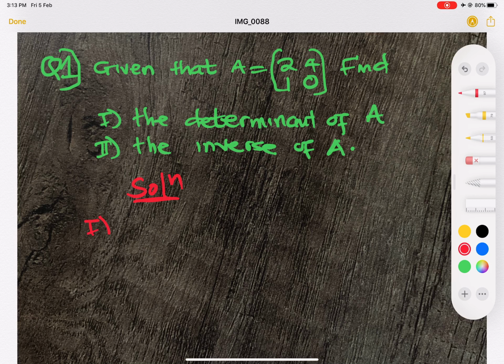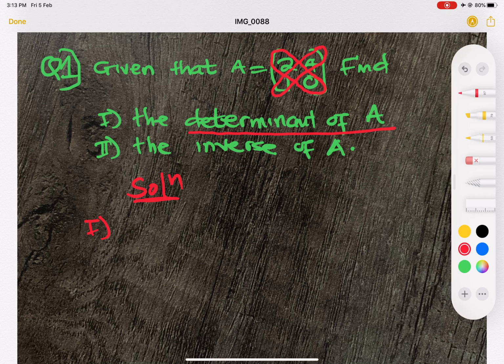Number 1, we are finding the determinant of matrix A. So to find the determinant of a matrix, you subtract the product of the numbers in the minor diagonal from the product of the numbers in the major diagonal.